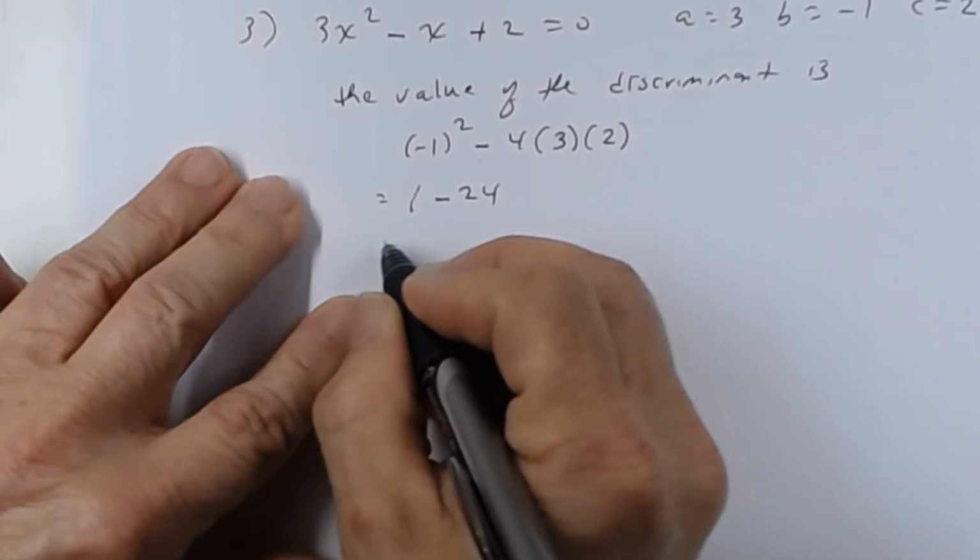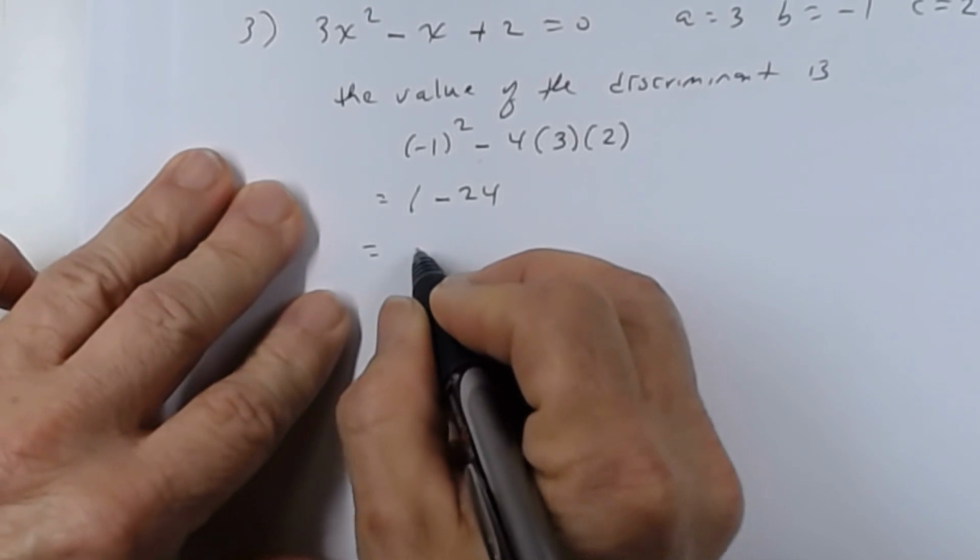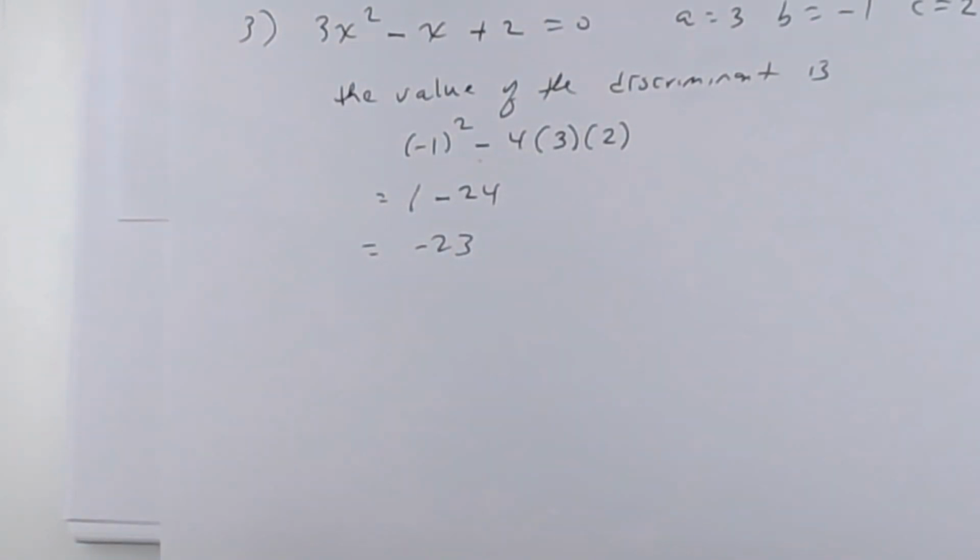-24. So what's the value of the discriminant? -23. So that would be the thing in the radicand, right? That would be the radicand. But if you were to actually solve it, you would be taking the square root of -23, which we know, you would end up with that i, right? So it's going to be what kind of solutions? Imaginary. How many? 2.